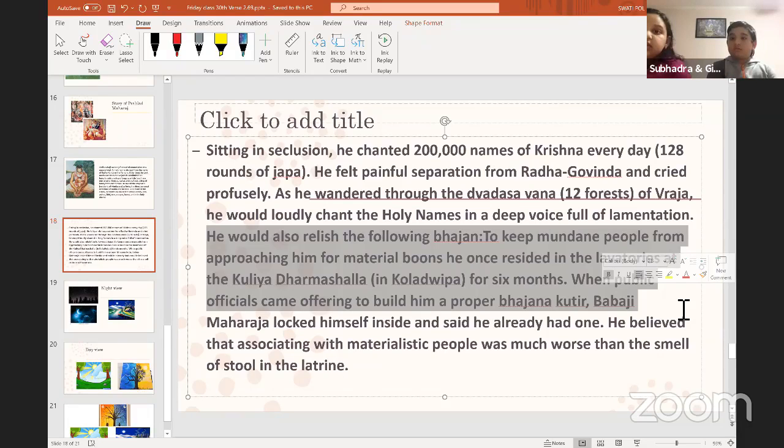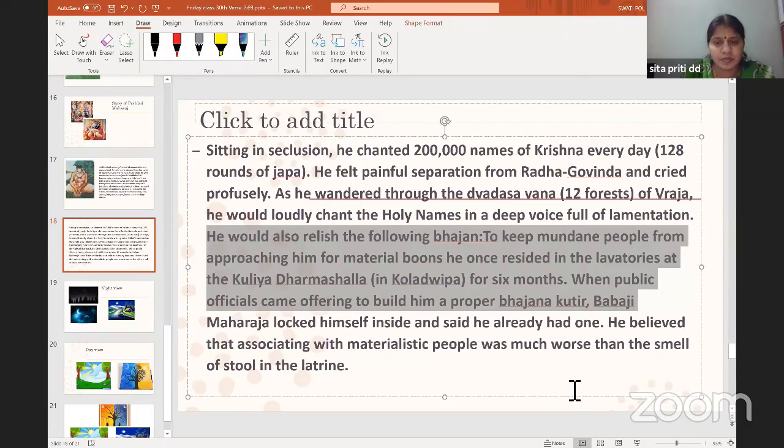He would also relish the following bhajan to keep the mundane people from approaching him for material boons. He once resided in the lavatories at the Kulia Dharmashala in Koladvipa for 6 months.